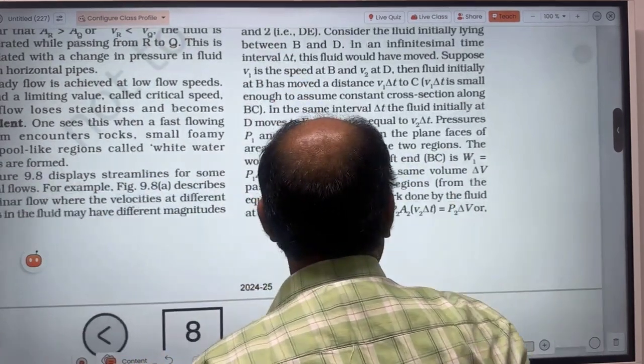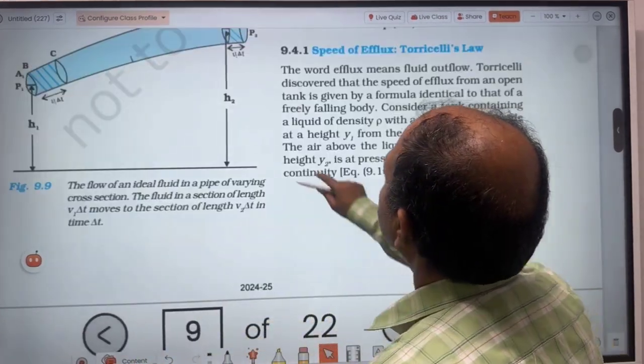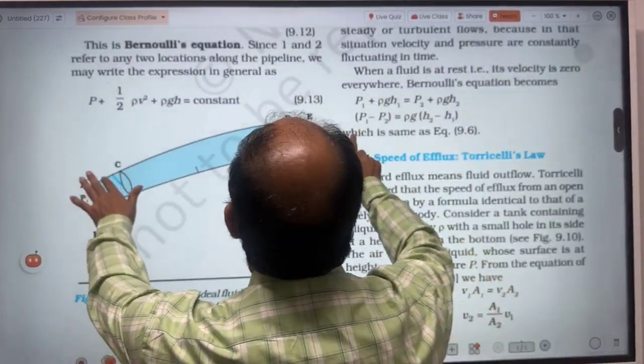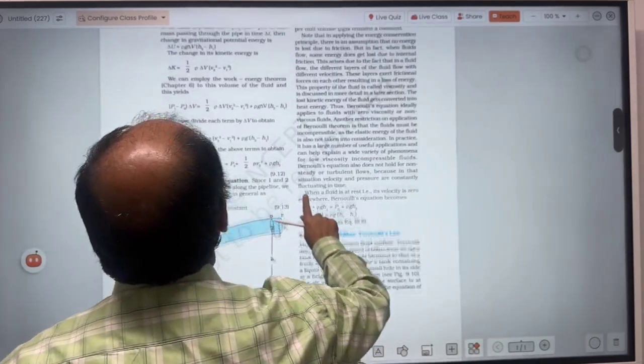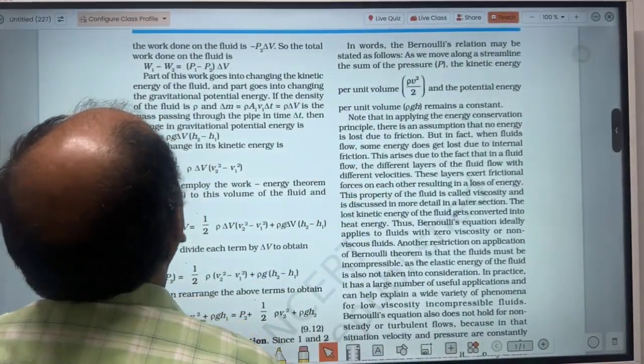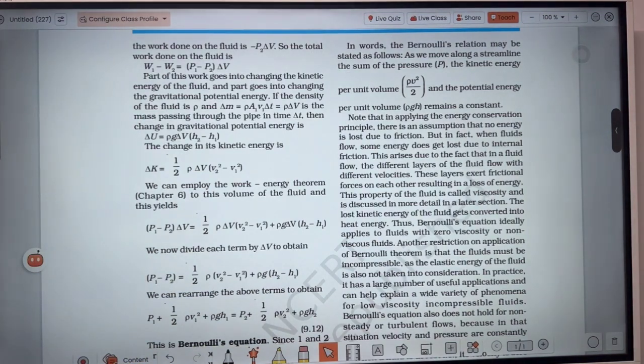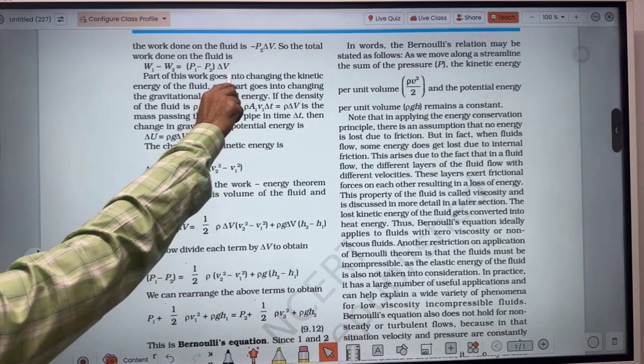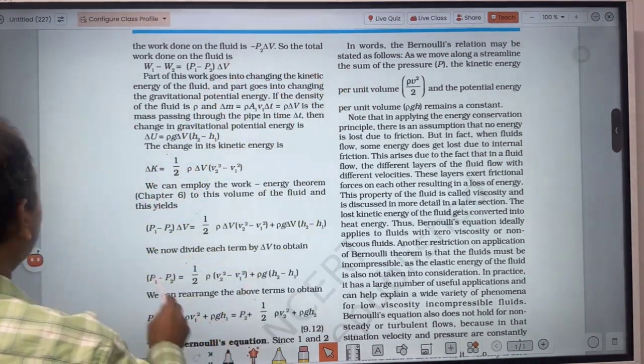Now the work done on the fluid is, here we are considering the right corner.